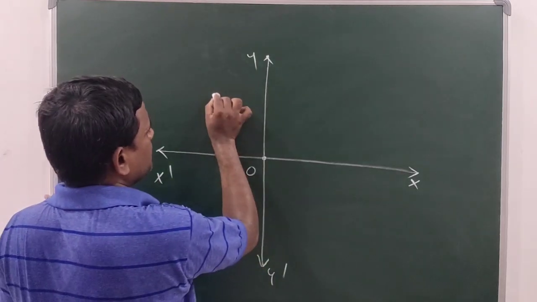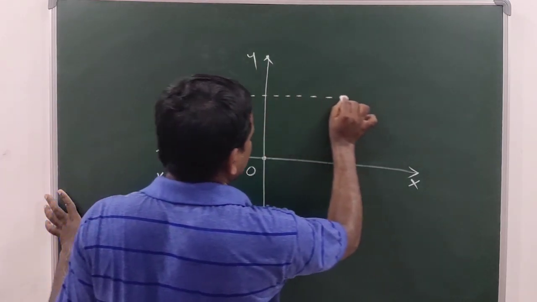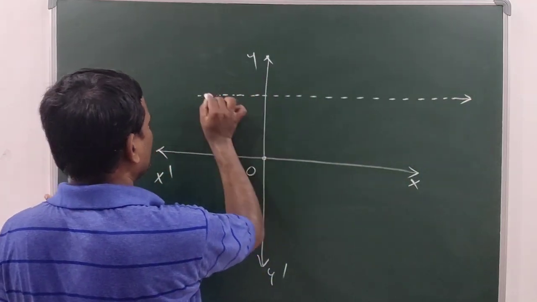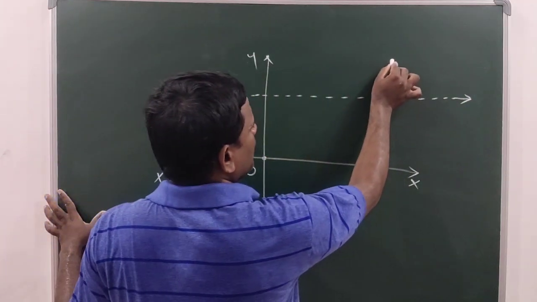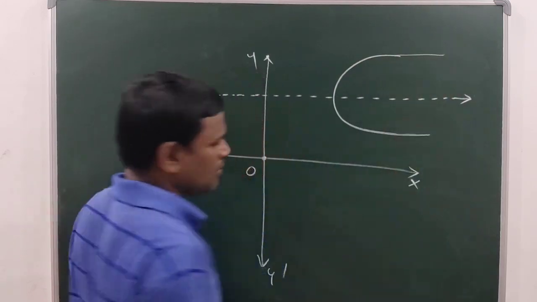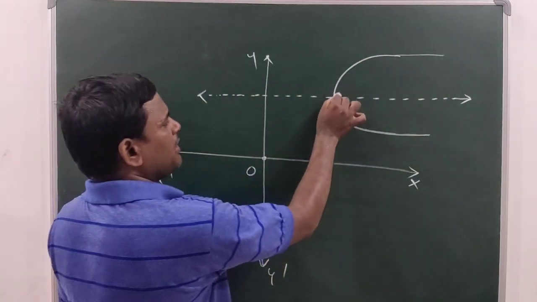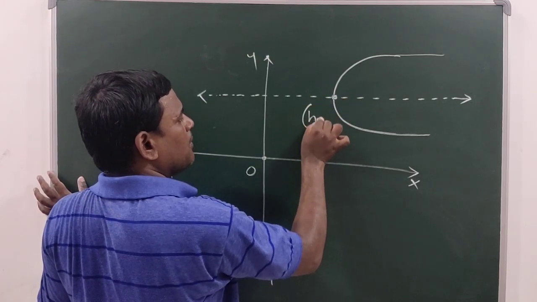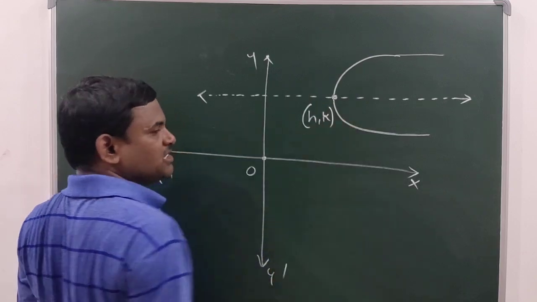Now, see. Okay students, assume that the vertex of the parabola is h comma k.